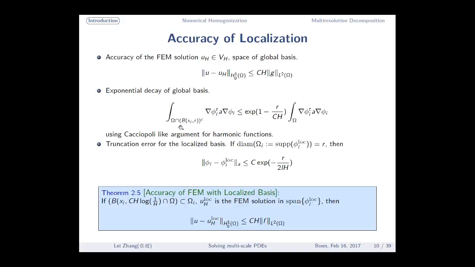And we have the truncation error for the localized basis. So basically, we can have the accuracy of finite element with localized basis, localized to a region of h log 1 over h. In that region, the finite element accuracy is order h, given that the right-hand side is L2.